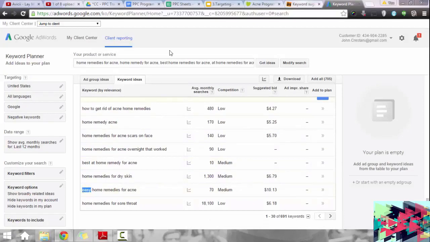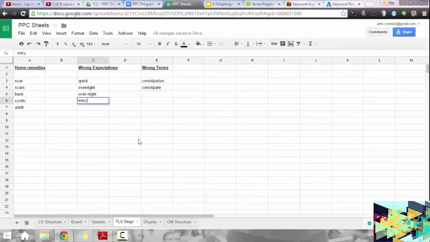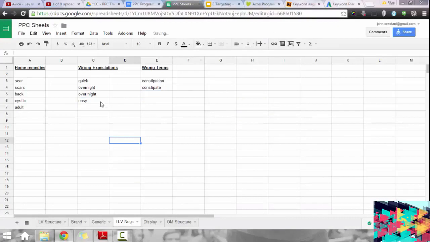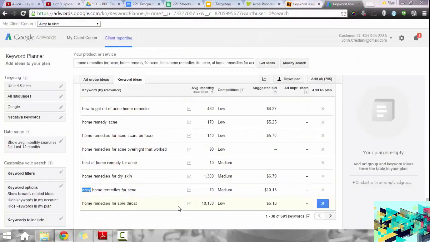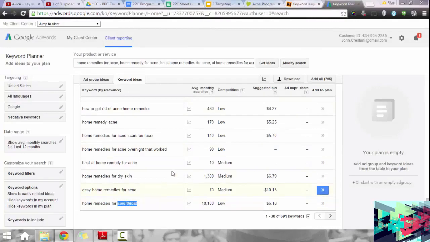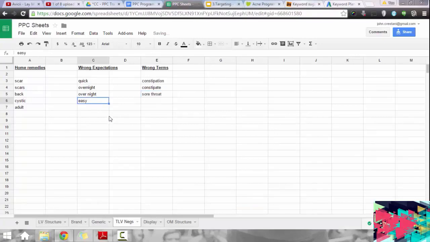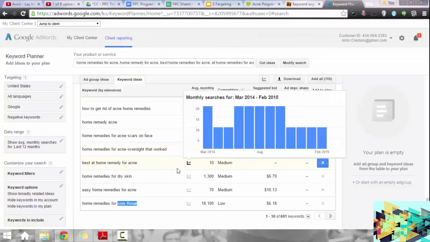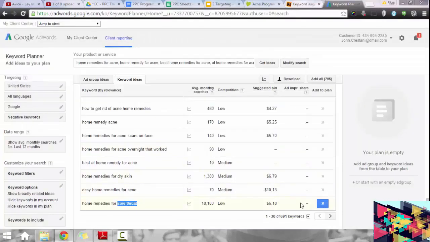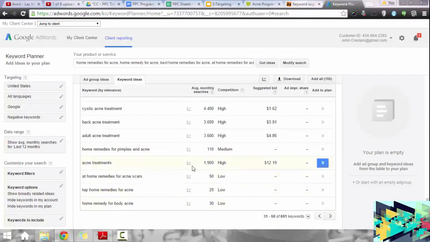And I'm going to try to find some other terms that I don't want. Easy, maybe I think that's a wrong expectation. Maybe somebody looking for an easy solution, or who knows, that could be a wrong one. But we could say sore throat. Let's keep going through.